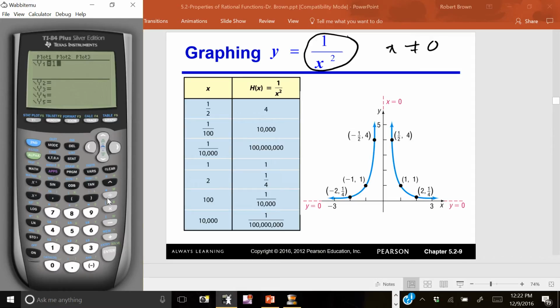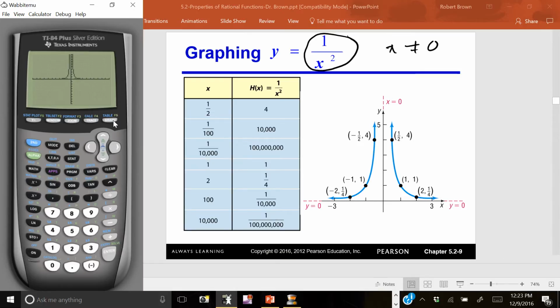Y equal 1 divided by x squared. Let's go ahead and just zoom to the standard window 6. Somehow the x squared did not take here, so let's try that again. 1 divided by x, hit squared. Now it should work. Graph it.